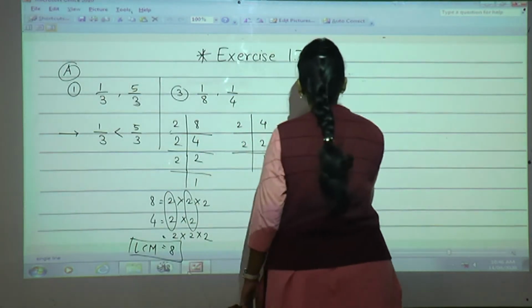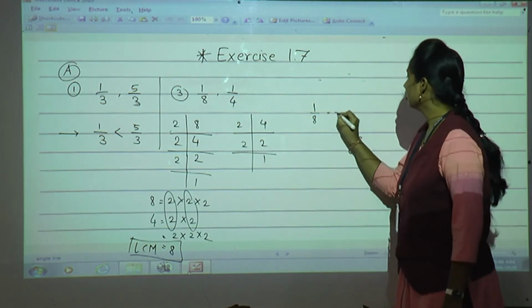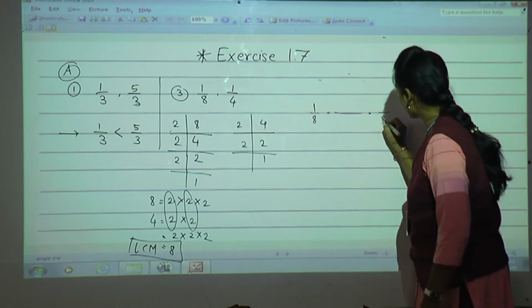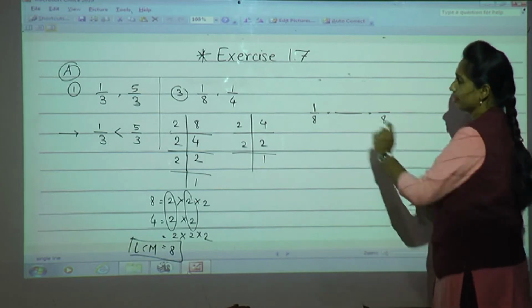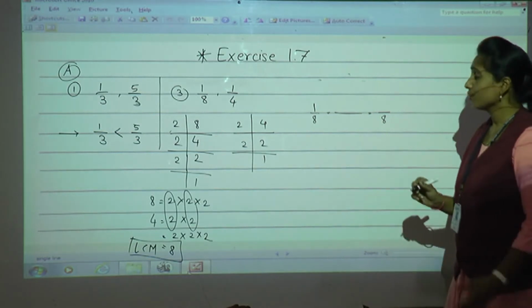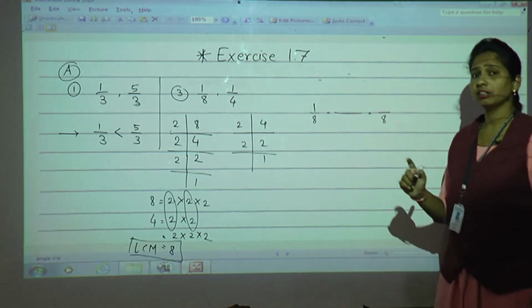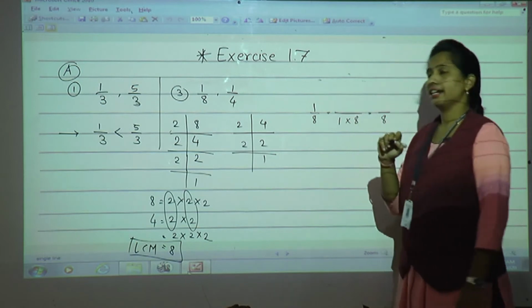Now take 1 upon 8. Okay. So here we have to multiply. The LCM should come in the place of denominator. What is the LCM? 8. Now your 8 is already there in the place of denominator. So which number do we multiply with 8 to get 8 only? 1. 1 8 is 8.